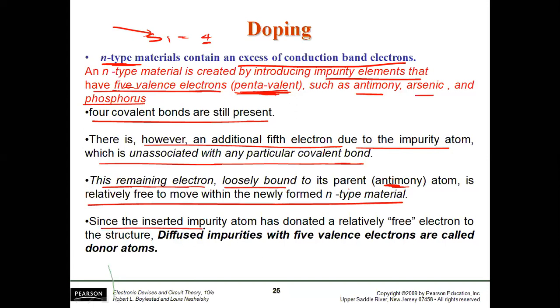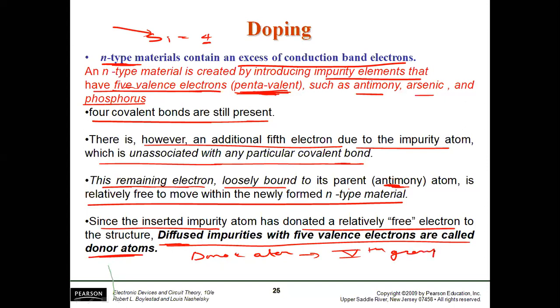Since the inserted impurity atom has donated a relatively free electron to the structure, this diffused impurity with 5 valence electrons is called a donor atom. So these are two terms: donor atom, and this will be an element of the fifth group, having 5 valence electrons.